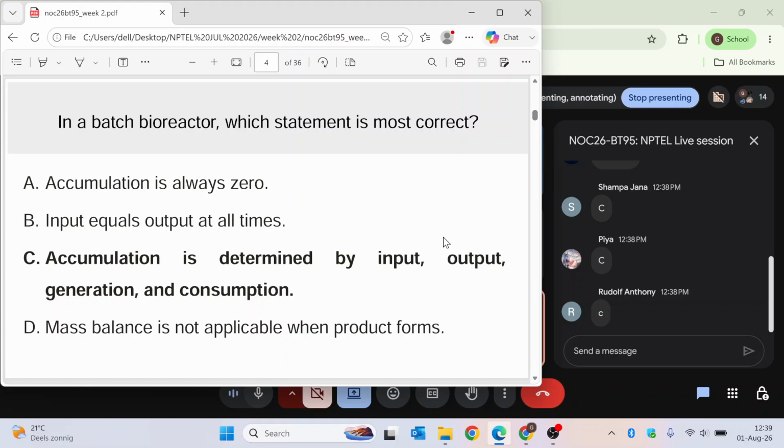And the mass balance is applicable to all biochemical processes. It always applies, whether it's a batch, fed batch, or a continuous system. It doesn't matter. So C is the right answer.